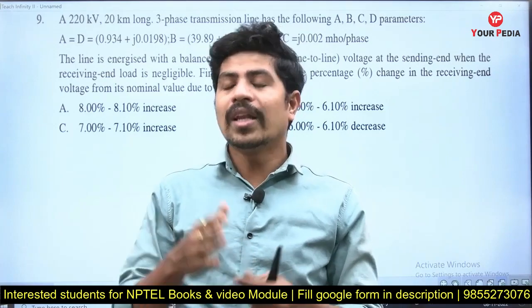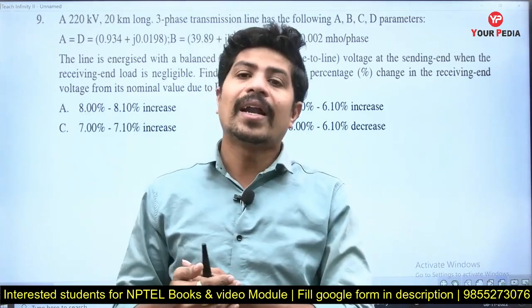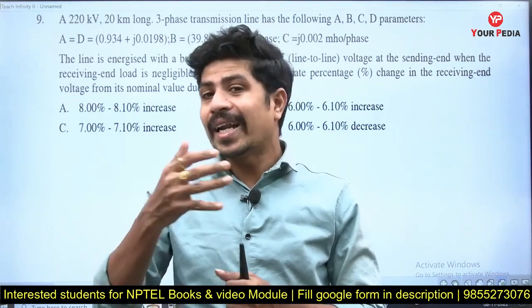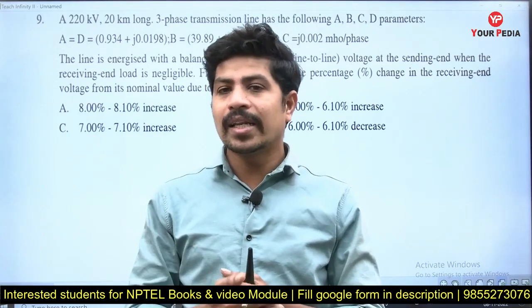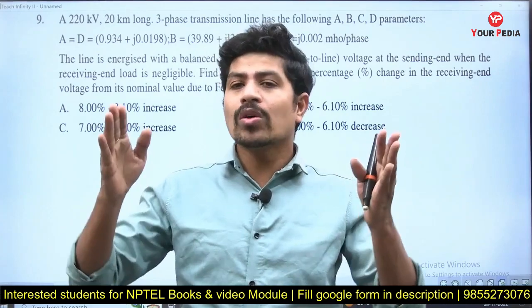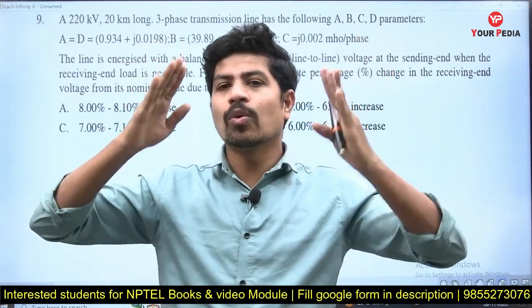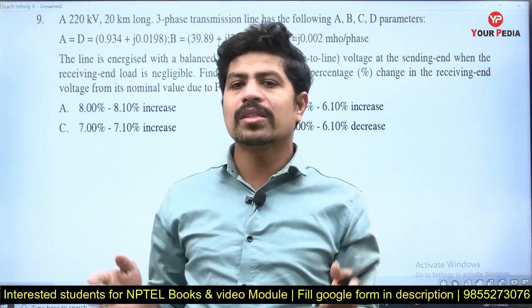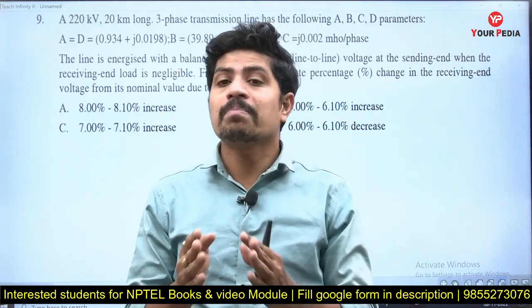So V line to line is equal to root 3 times V phase, and I line is equal to I phase for star connection. For delta connection, V line to line is equal to V phase, and I line is equal to root 3 times I phase. Those are only for variables, that is voltage, current and power. Power for 3 phase is equal to 3 times single phase power. All these are only for variables but not for parameters.